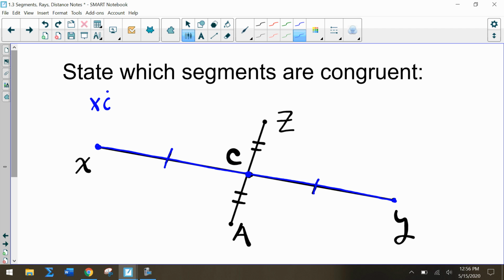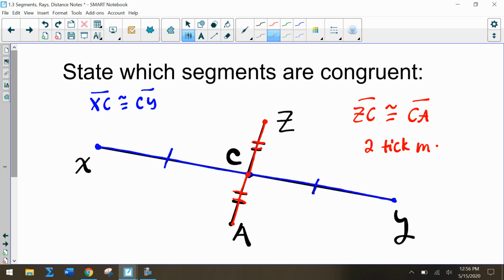So I can say, all right, line segment XC is congruent to line segment CY, since they each have a single tick mark. And then if we look at the other piece, notice how these two segments have two tick marks. So I can say ZC is congruent to CA because they have two tick marks.